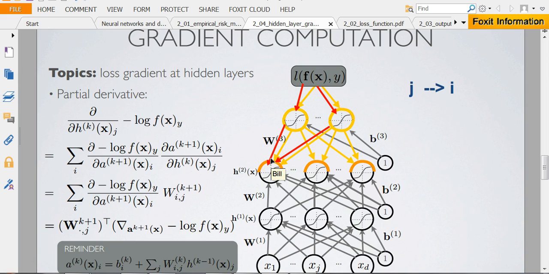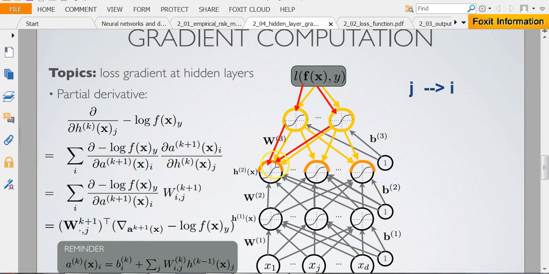So here, basically derivative asks how does this change when we change this, but we're going to have to consider how the change here affects this node, and then how that affects this node. That's the chain rule.